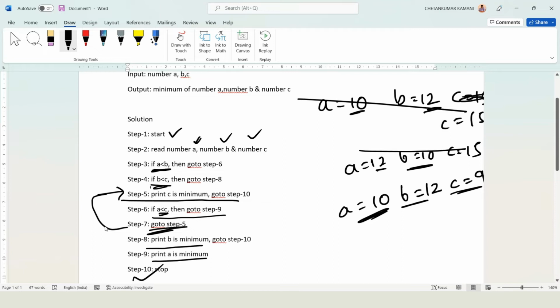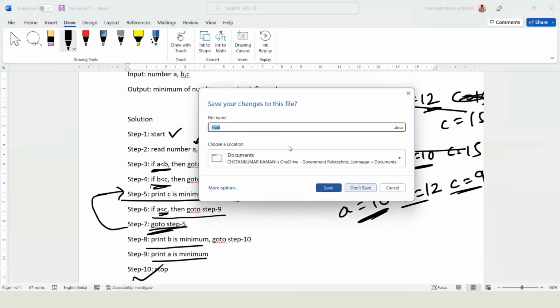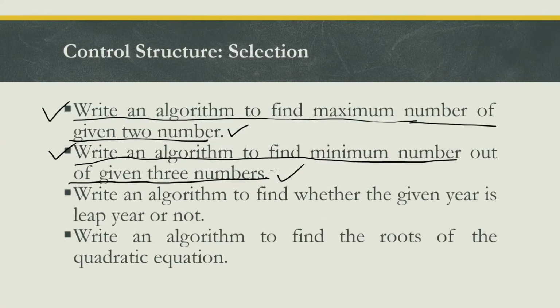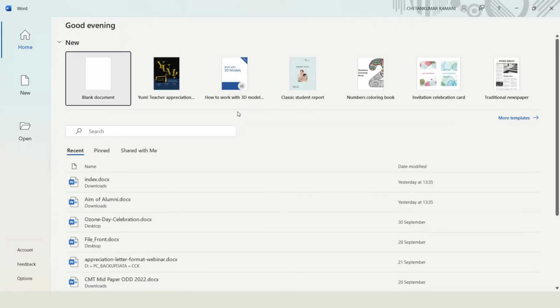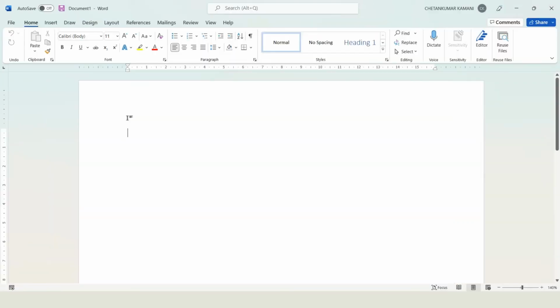Okay. You can write this algorithm in another way also. Let me write that. I am going to write the same solution for that algorithm with different logic.